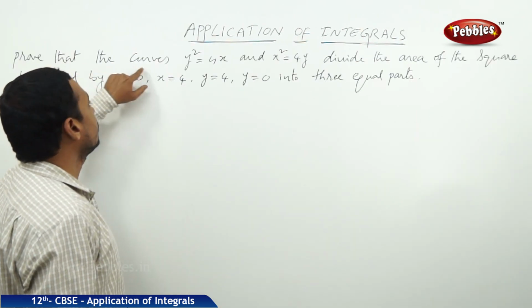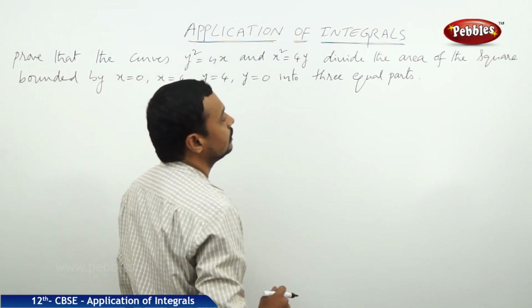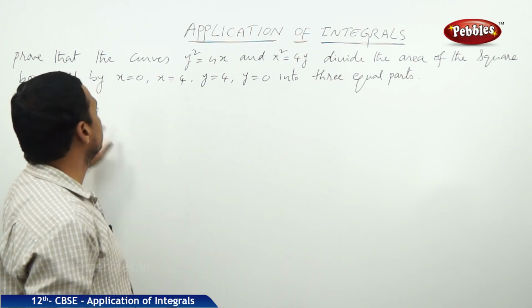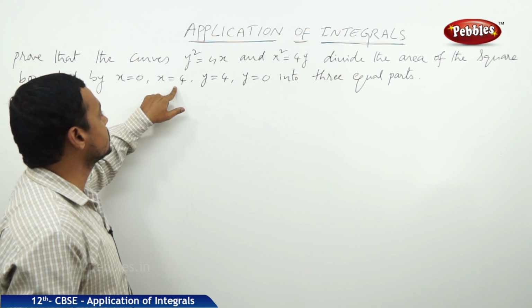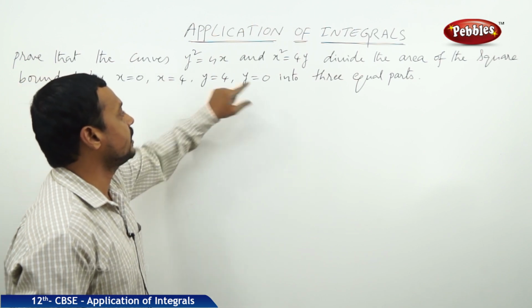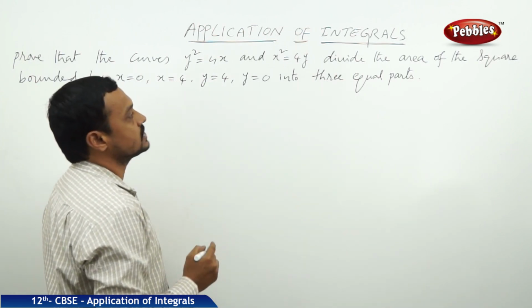Prove that the curves y square is equal to 4x and x square is equal to 4y divide the area of the square bounded by x is equal to 0, x is equal to 4, y is equal to 4, y is equal to 0 into 3 equal parts.